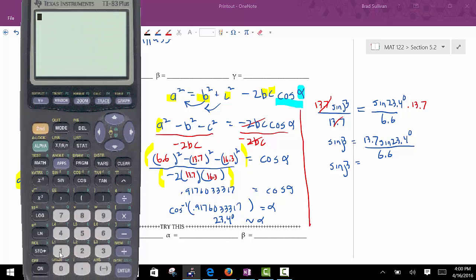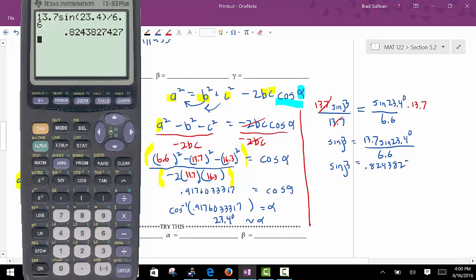I'm going to go 13.7 times the sine of 23.4, and then I'm going to divide that by 6.6 and record that. So that's going to give sine beta equals 0.82438 27427. And then beta is going to be the inverse sine of that number.